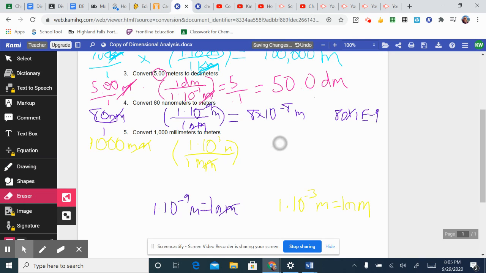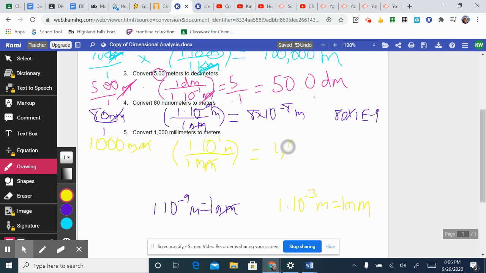And when you plug that into your calculator, 1,000 times 1 to the 3rd gets you, it looks like 1 million. And that's in units of meters.